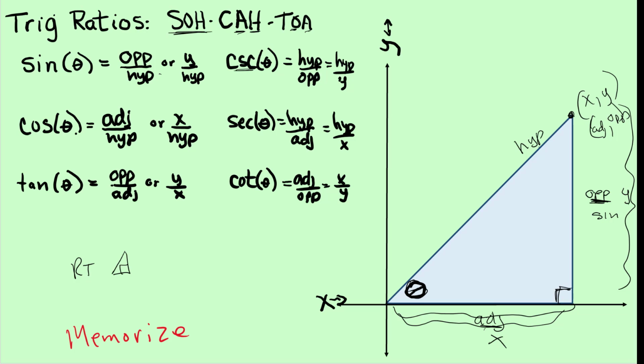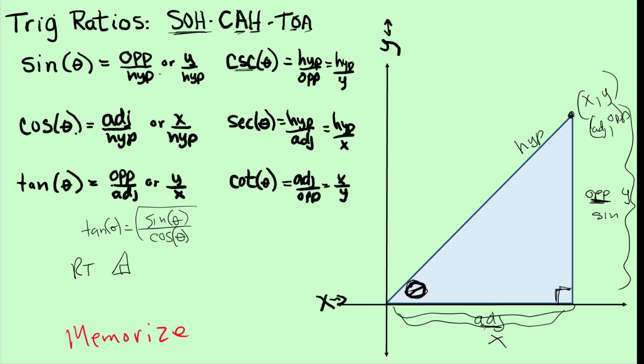And then tangent is opposite over adjacent, also called y over x, or sine over cosine. That's another way to think about it. In fact, this is an identity, tangent theta. We'll get to that in a second. And then cotangent is a reciprocal of tangent, so its ratio is adjacent over opposite, or x over y.